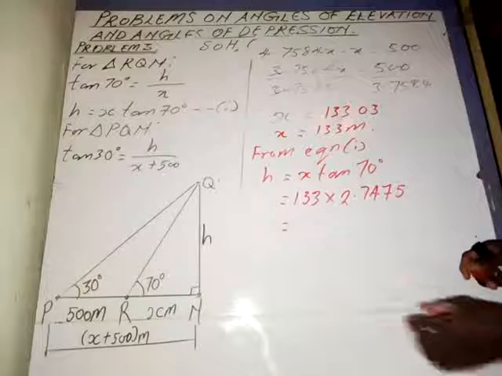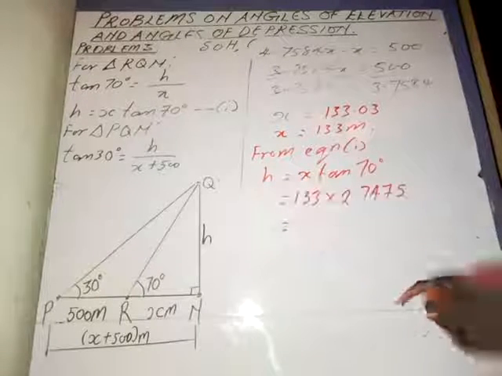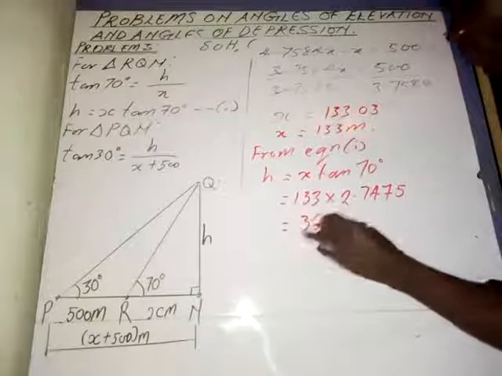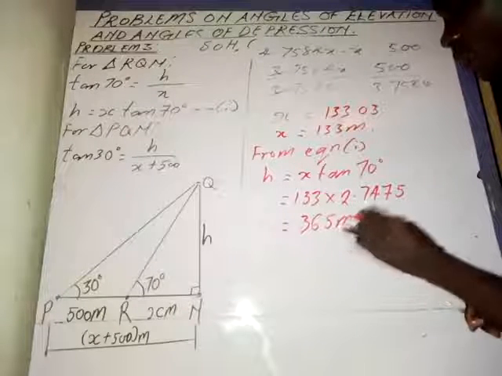So h is equal to 365. So this is 365 meters.